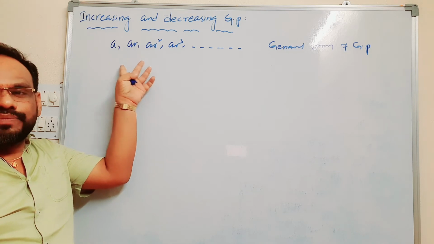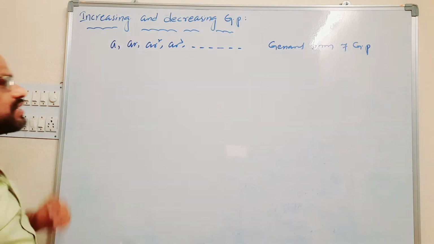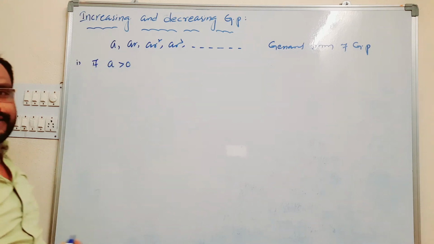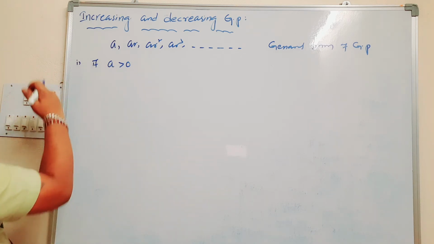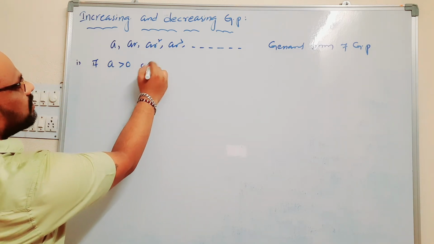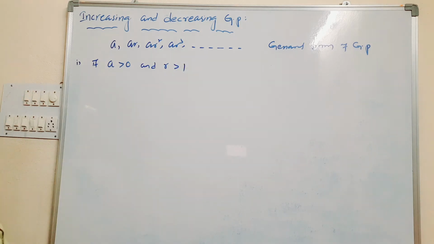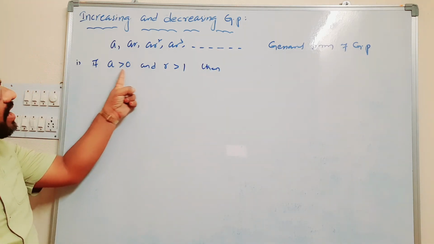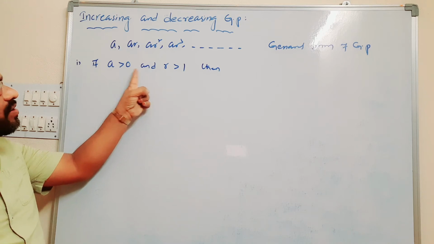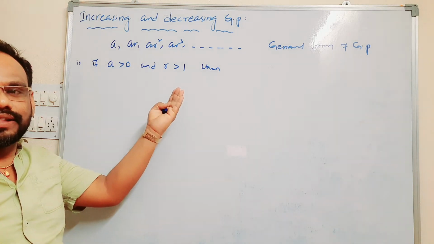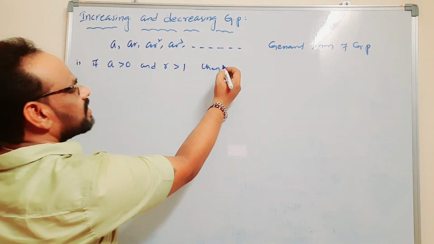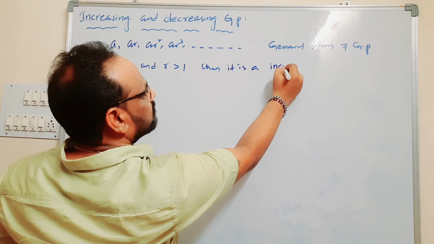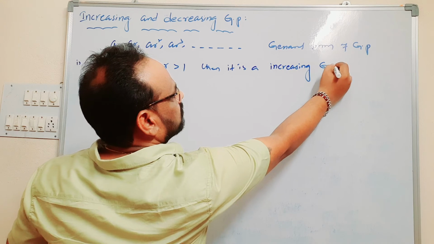How to decide whether the given GP is increasing or decreasing? First point: if A is greater than 0, that means positive numbers, and R is greater than 1, then the given GP is clearly an increasing GP.